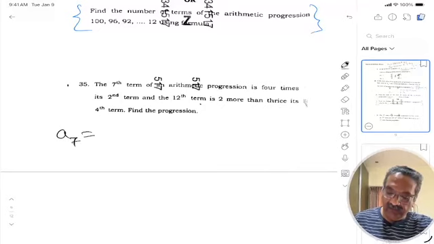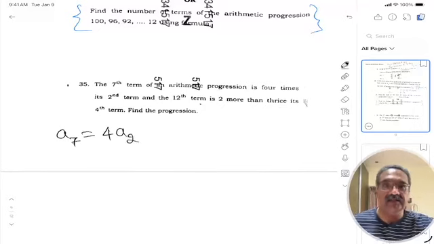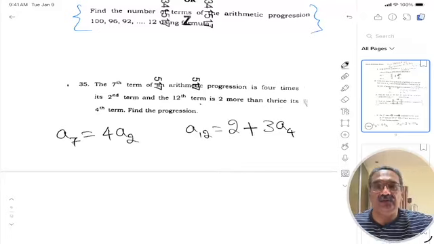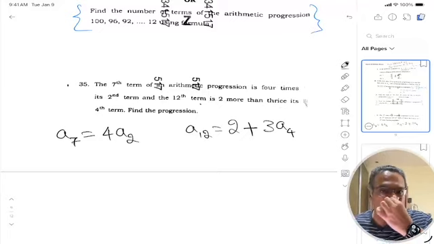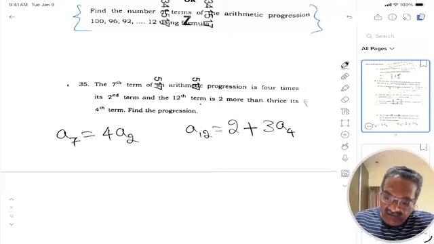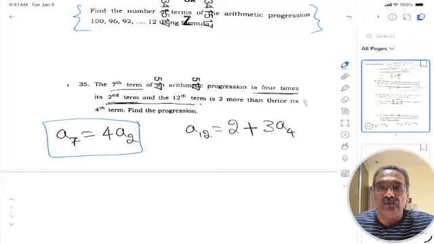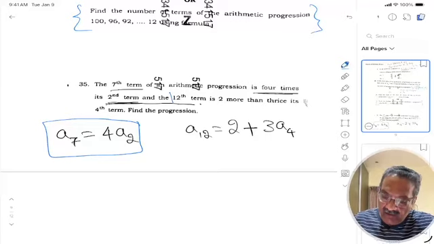Seventh term is 4 times its second term, and the 12th term a12 is 2 more than thrice the 4th term.